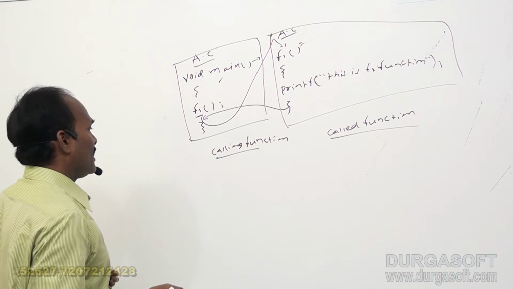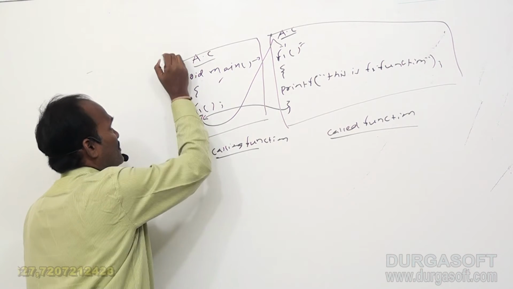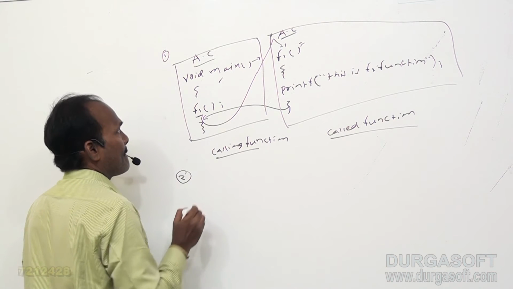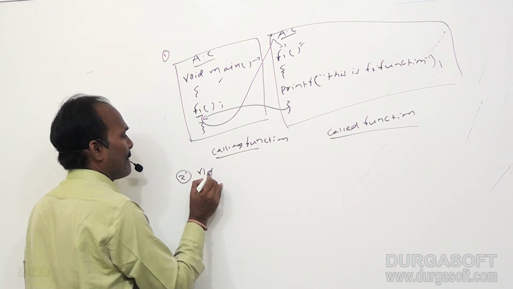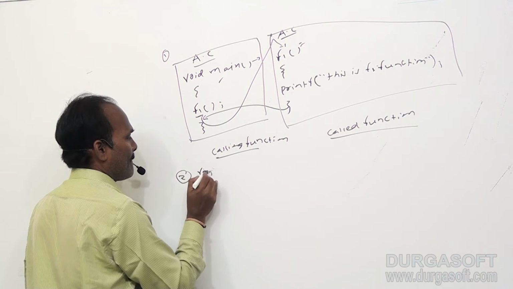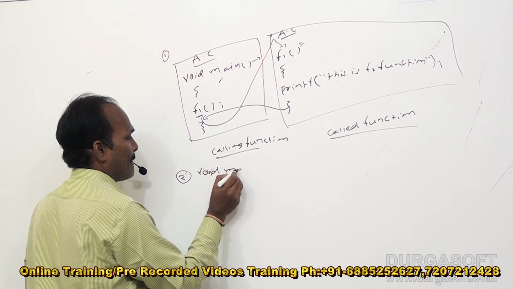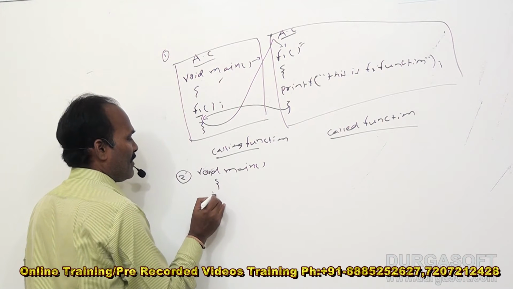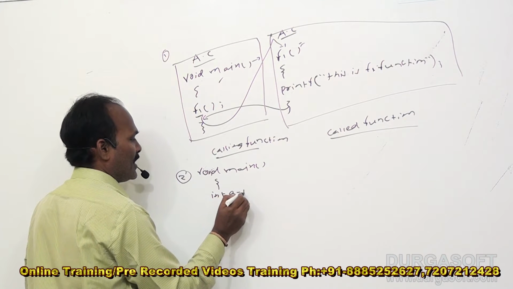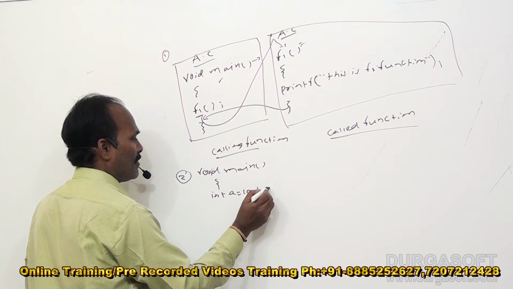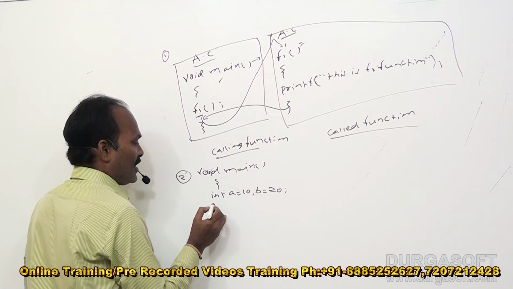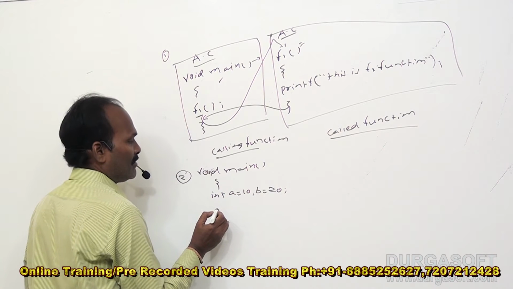Now I will take one more example. This is the first example, so this is the second example. Void main, I will take integer a equal to 10, b equal to 20. Just have a look here.